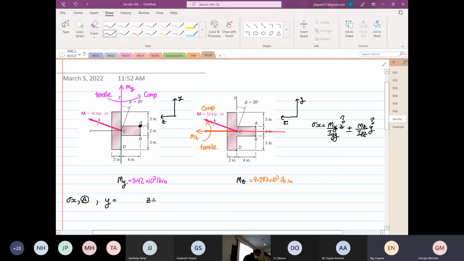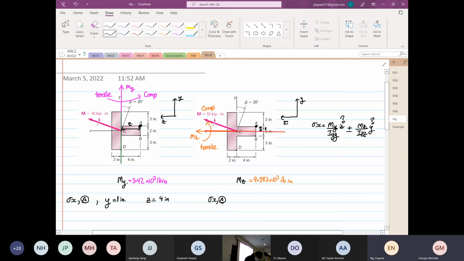The y distance from the centroid is 1, because this distance is the y distance. On Z, this distance, so Z is equal to 4. You all see what I mean? It can be confusing if you don't take it step by step. So now we are going to look at stress X at point A.